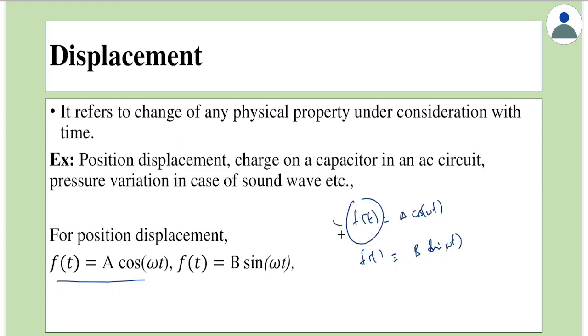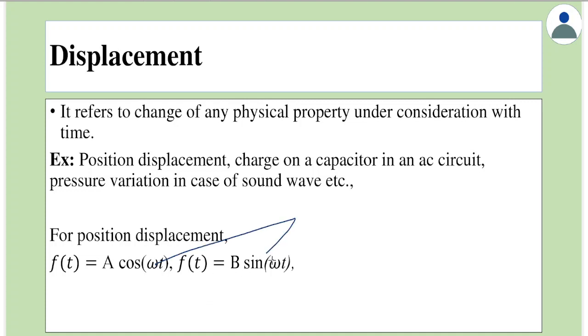This function could mean a distance like x of t or y of t. Here t means with time. This could be charge, q of t. This could be current, I of t. It could be many things. But generally for a periodic motion, the displacement is of the form f of t equals A cos omega t, or the other form is B sin omega t.